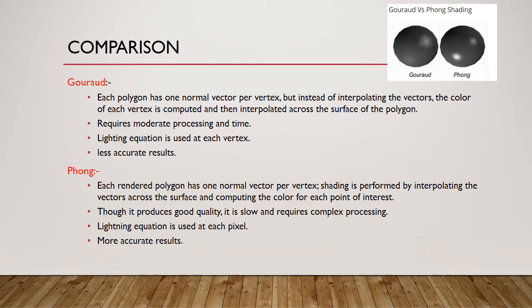Whereas for Phong shading, again the normal vector per vertex is taken, but the value is calculated for each pixel or each point of interest. Since it's calculated for each pixel under consideration, it produces good quality. But it is slow as the computation becomes complex, but it gives more accurate results.